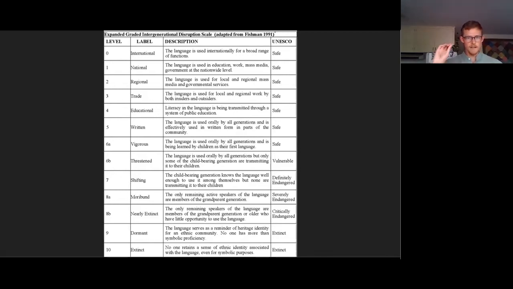So at that 6B middle of the ground vitality level, you have the start of the loss of intergenerational transmission. You have some young parents who are not raising their kids in the traditional language of the community.